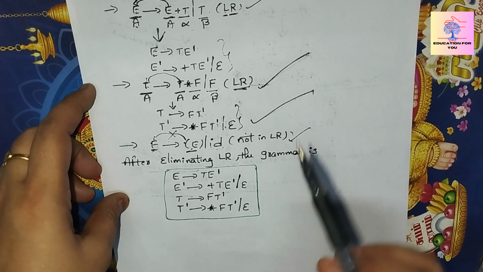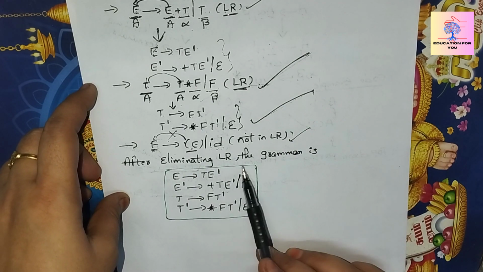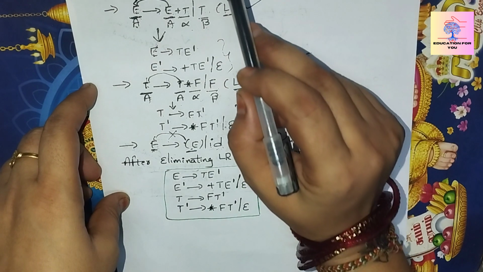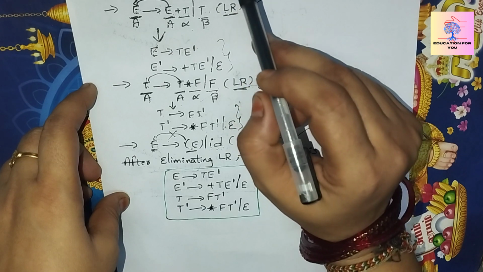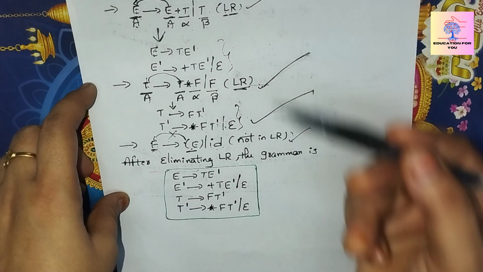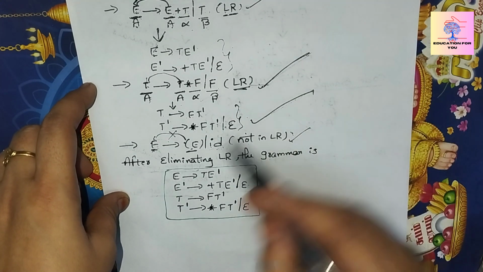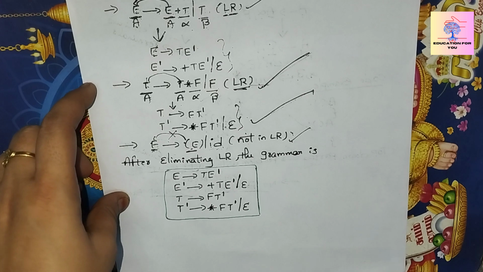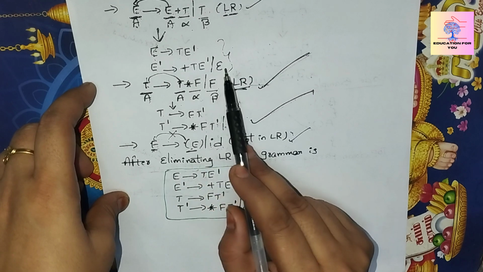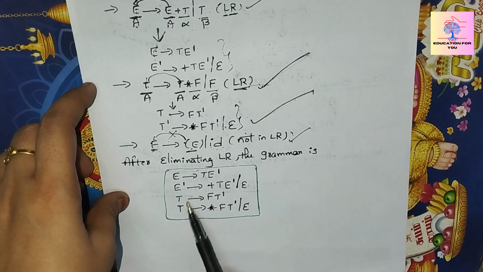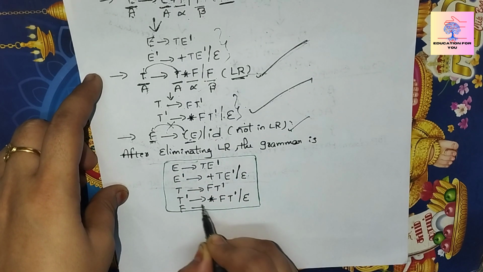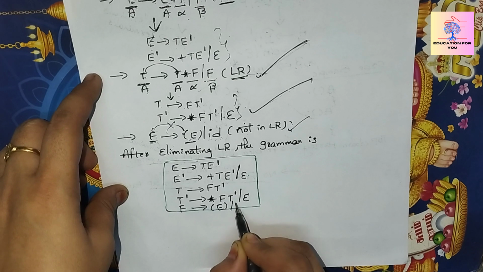So finally, how are you going to conclude? After eliminating the left recursion, these three are over. This one is not in left recursion, so it stays as it is. You replaced these two productions with these two. Now finally you have to write all the productions at one place. E produces T E dash, next this one, and this one, and at last F produces parenthesized E or ID.